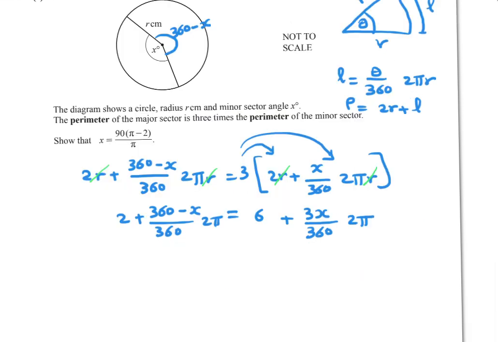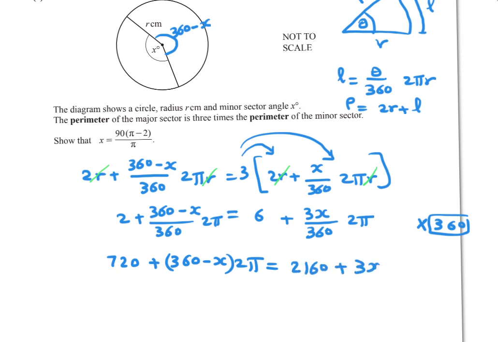We can multiply both sides by 360 to eliminate the denominator. So now you are left with 720 plus 360 minus x into 2 pi equals 2160 plus 3x times 2 pi.